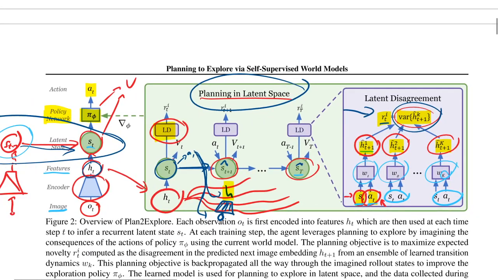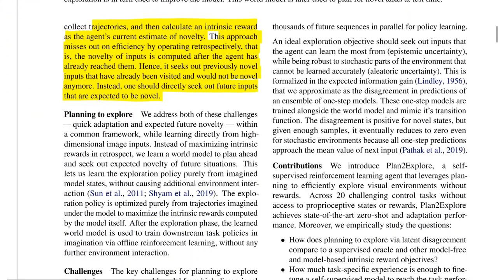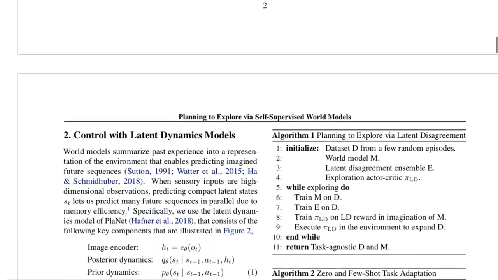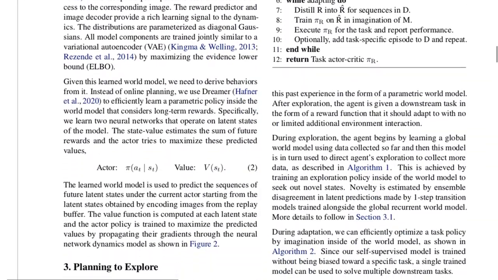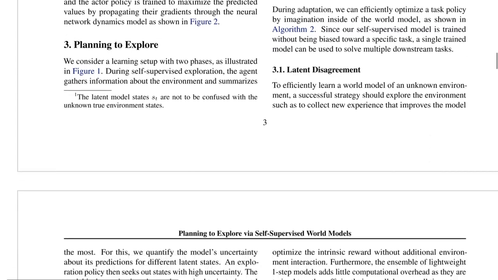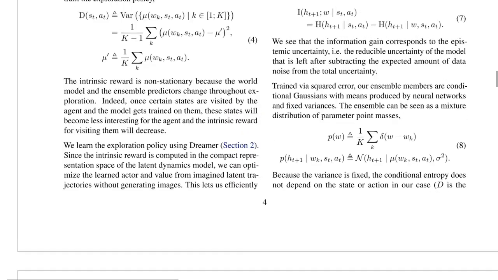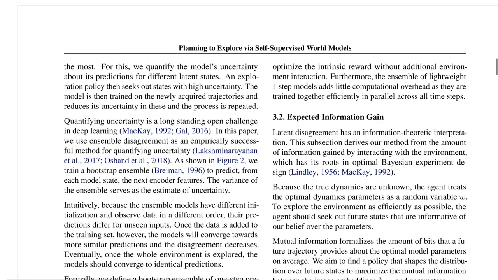Now this is the entire thing. It has a bunch of problems, as you can imagine. So this is the reasoning behind it, right? Now they try to make a deal out of basically their latent disagreement here, that it agrees with maximizing the expected information gain.